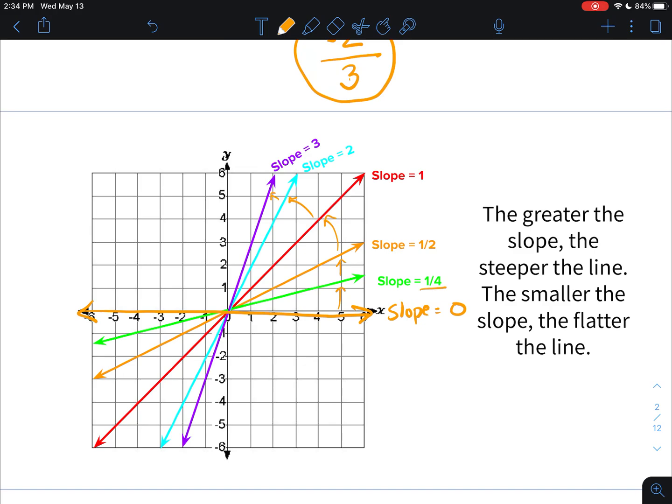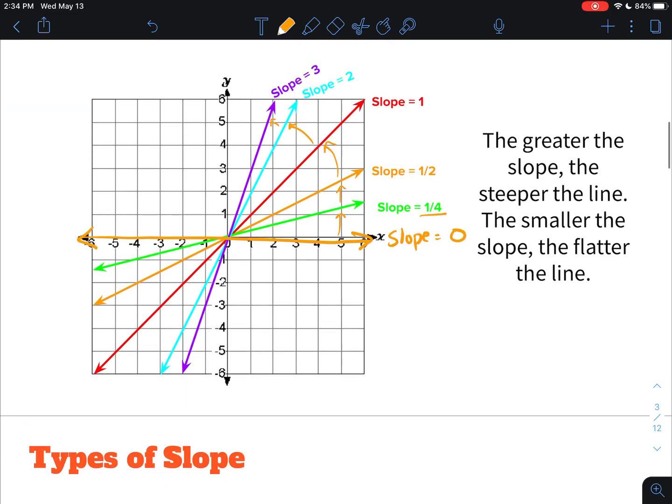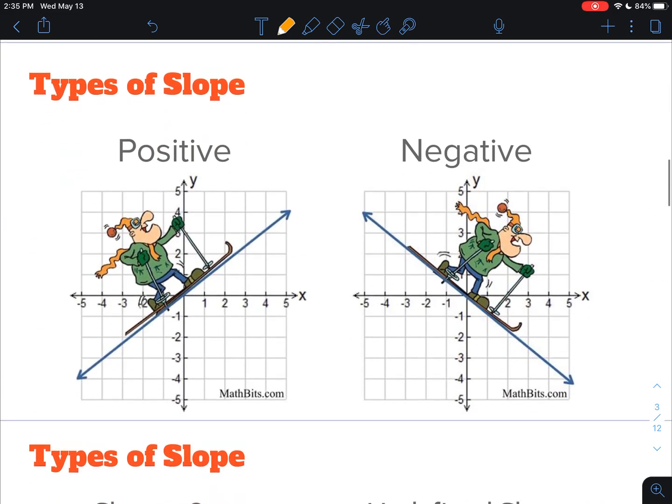That's just to give you an idea of what slope is and how it's talking about how steep a line is. This probably all seems really weird, but we'll get there, hopefully. So there's a couple different types of slopes. And these are read just like you read words. You start at the left and you work your way to the right.